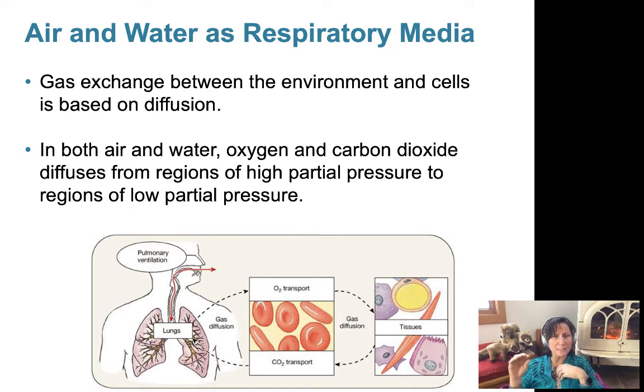Generally speaking, oxygen levels are higher in the atmosphere and lower in tissue, so it'll not actively, but passively diffuse across into the tissues. Carbon dioxide is often higher in tissues than in the atmosphere, and so it will diffuse out. And this is going to follow partial pressure gradients.